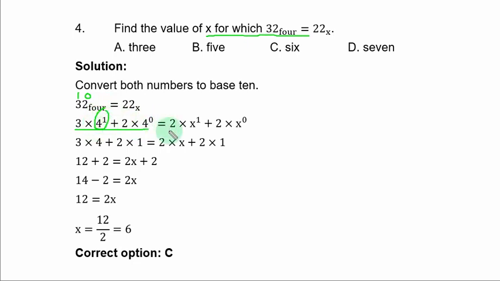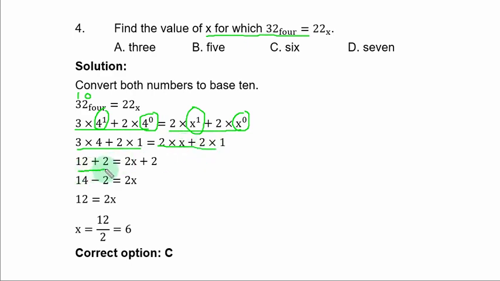The right hand side, you have 2 times s plus 2 times s. The position of 2 is 0, 1. So you have s power 0, s power 1. So you have 2 times 3 plus 2 times 1 because 4 power 0 is 1. You have 2 times s here plus 2 times 1.